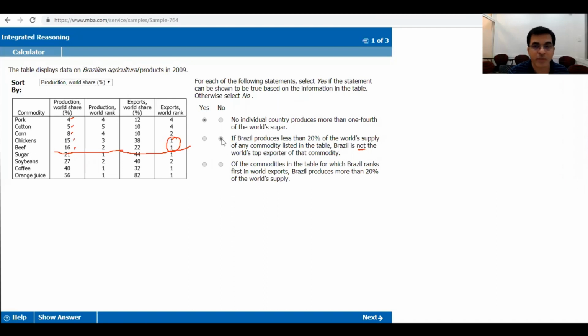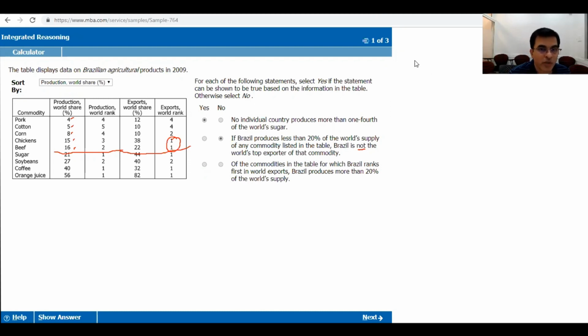So we click this particular button out here. Now the third one says, of the commodities in the table for which Brazil ranks first in world exports.